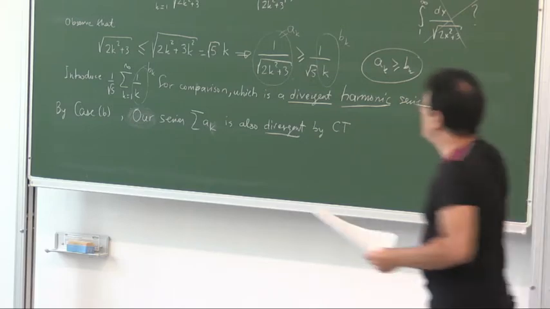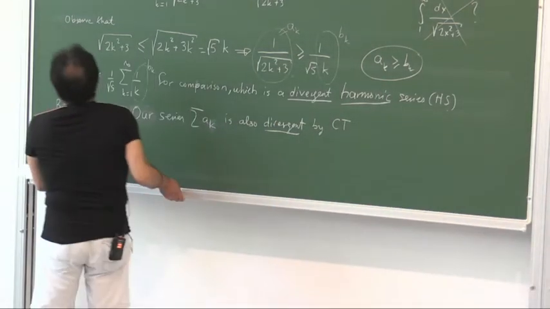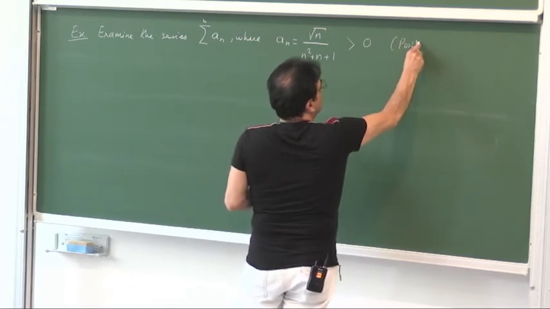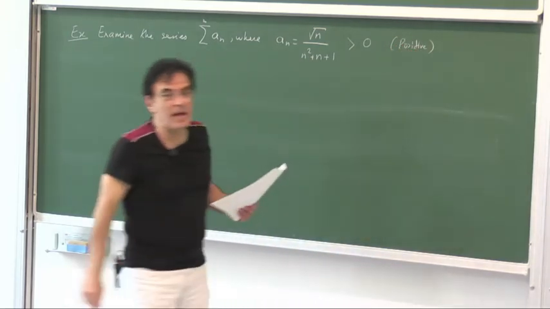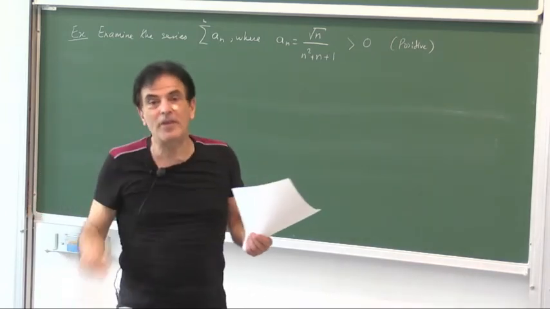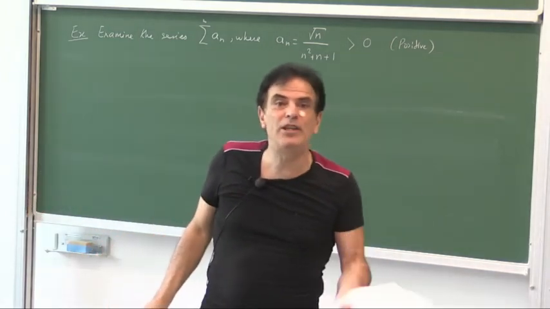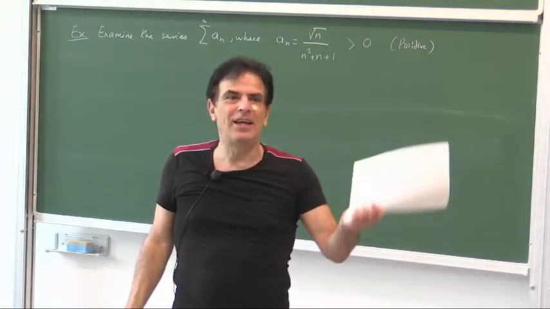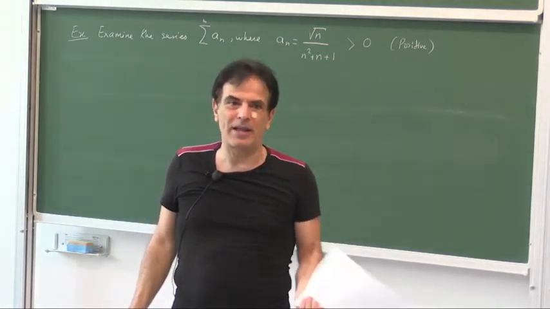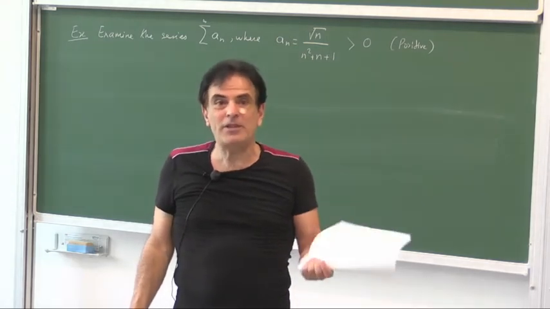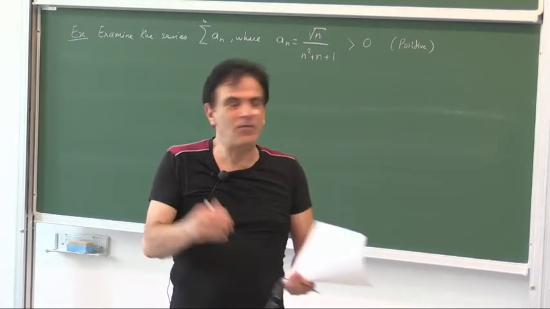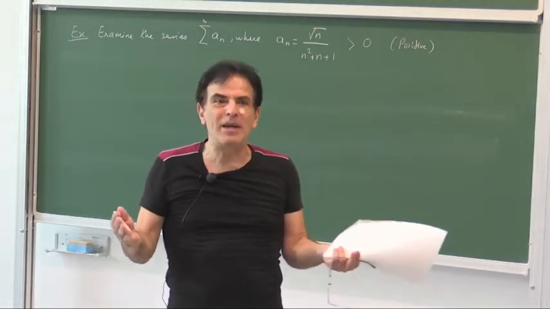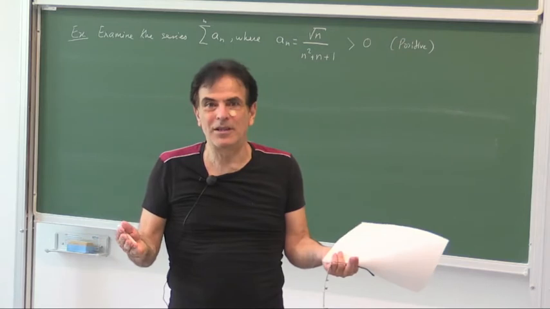Now, another example. So please be careful in applying the integral test and the comparison test. You have to be sure that the series in question is a positive series. Don't forget. There are only some exceptional cases, where only a few starting terms may be negative. This is not important. Why?